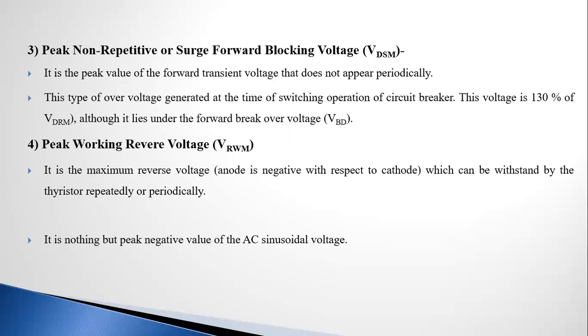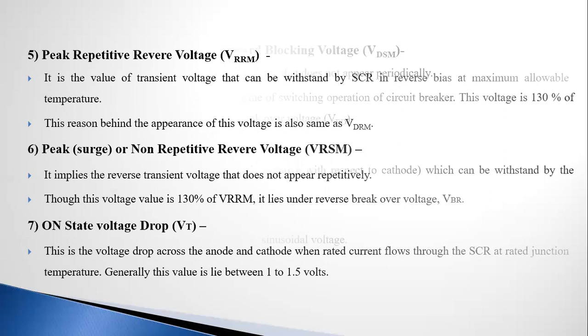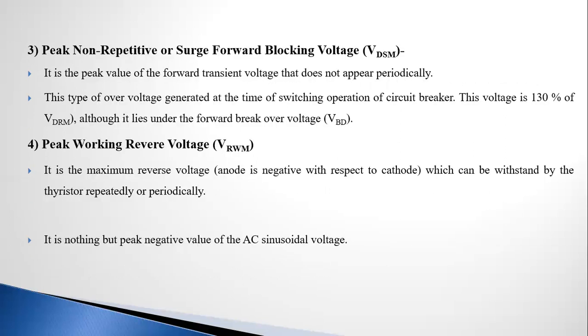This voltage is about 130% of VDRM, although it lies under the forward breakover voltage. As we already know, in the case of SCR there is a forward breakover voltage, as we have seen in the VI characteristic of SCR.